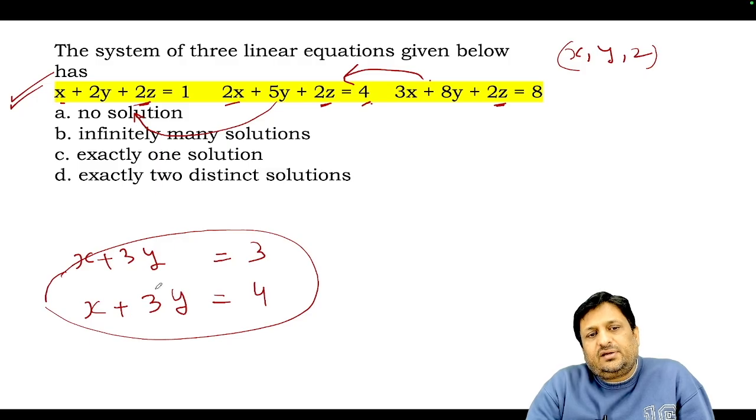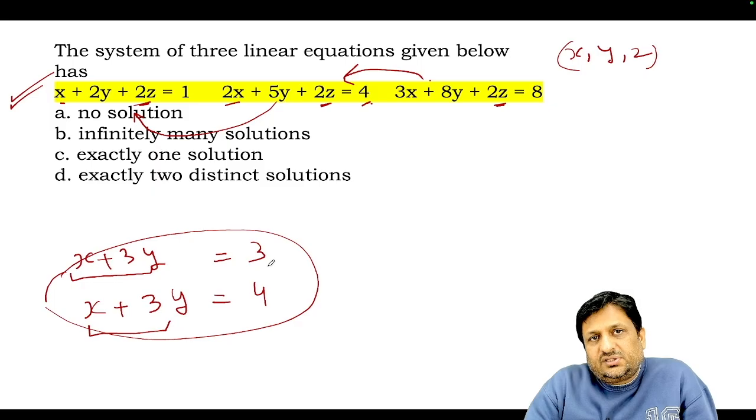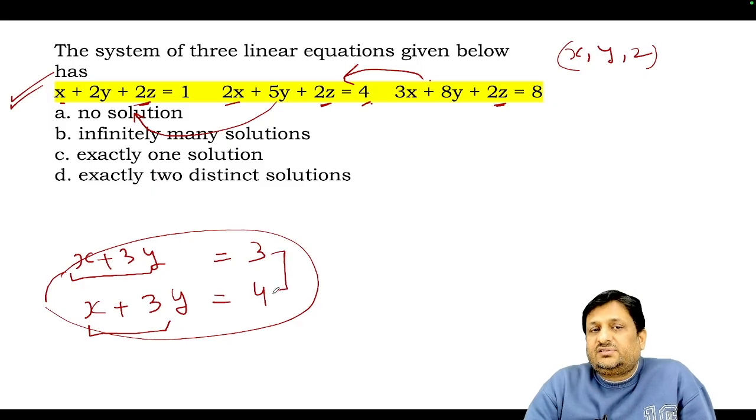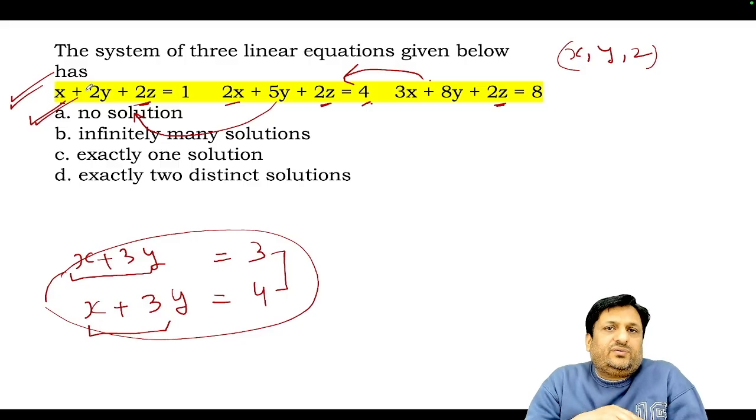Because the first equation is saying x plus 3y is equal to 3, but the second equation is contradicting that, saying x plus 3y is equal to 4. So these are contradictory equations. It means these two lines will be parallel to each other, and if they are parallel, they will have no solution. It means there will be no solution of this system of equations.